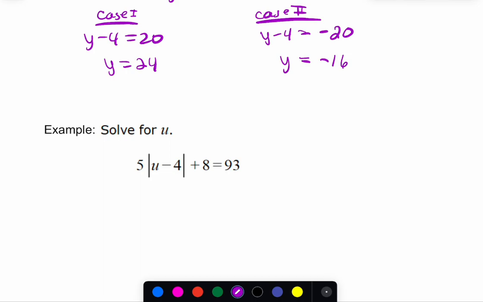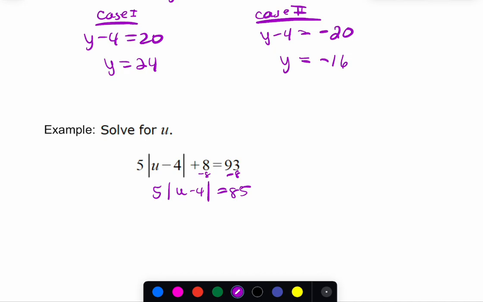So here, get rid of the 8 first by subtracting 8 from both sides. If you subtract 8 from 93, what is that? Thank you. Now, there's 2 different things you can do. If your front number 5 is positive, you can hold it and just distribute it in.